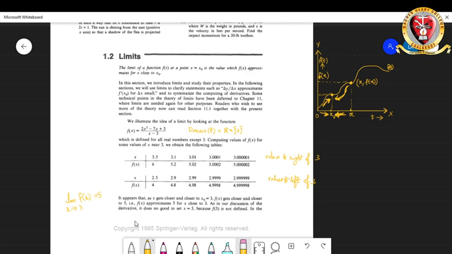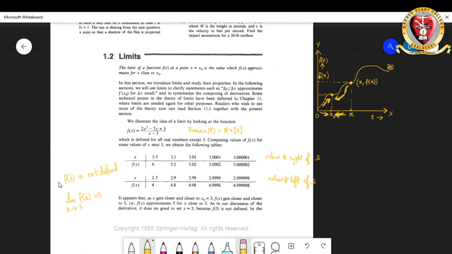So as in a discussion of the derivative, it does no good to set x is equal to 3, because we cannot set x is equal to 3, because at that value we cannot define f of x. So you note that here f of 3 is not defined, but the limiting value of f of x at 3 is 5.